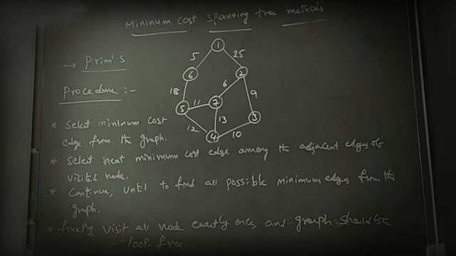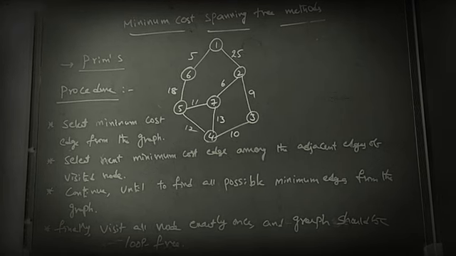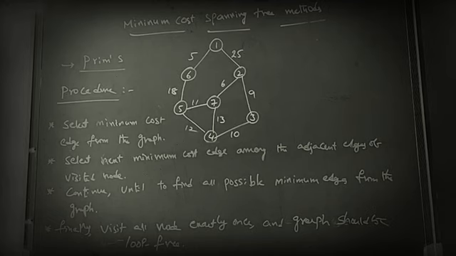That means there is no loop in the final spanning tree graph. So this is the way to find the minimum cost spanning tree from the given graph.